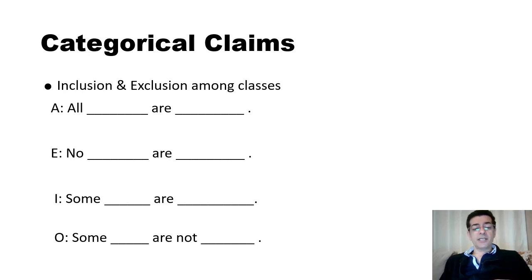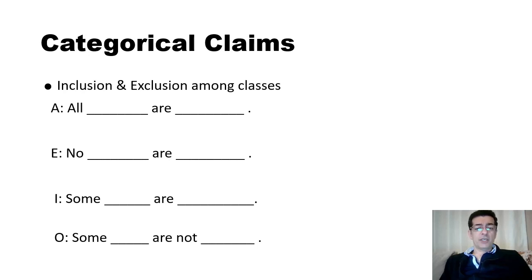Now, as you can see here, in a proposition or a claim like all Greeks are Europeans, the main thing here is our subject term, and what is said about the subject term is the predicate term, right? Now I'll give you some time to write some sentences and fill in the blanks.